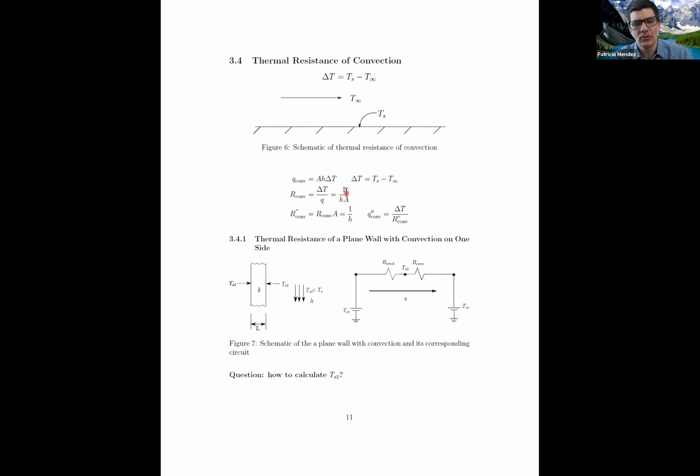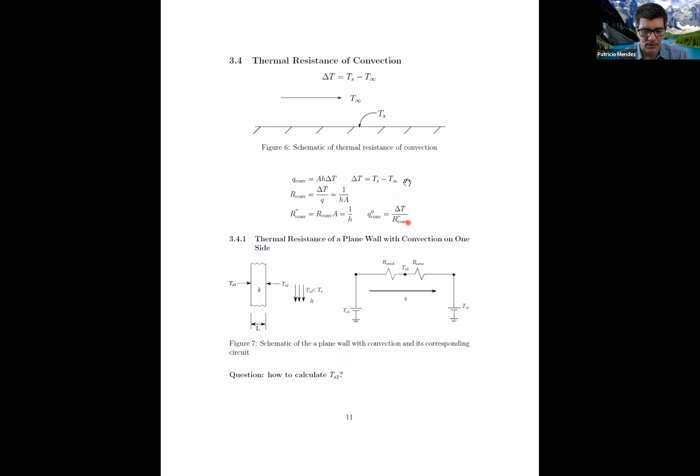More interestingly to me, the thermal resistance per unit area is the resistance of convection times area, which is 1 over h. Right, 1 over h.